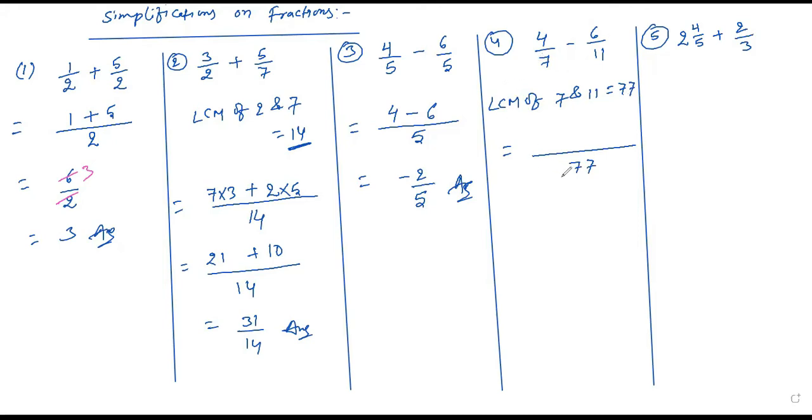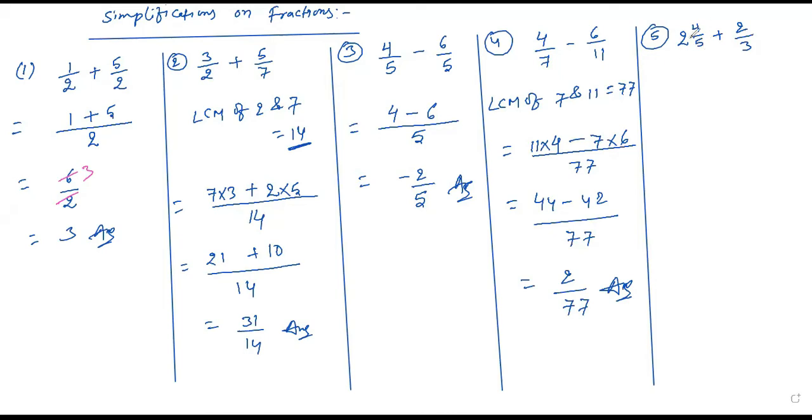Now divide 77 by each denominator. 77 divided by 7 gives 11, and 11 multiplies with the numerator of the first fraction, 4. Then minus. 77 divided by 11 is 7, and 7 multiplies with the numerator of the second fraction, 6. Now 11 fours are 44 minus 7 sixes are 42, all divided by 77. So this becomes 2 by 77.